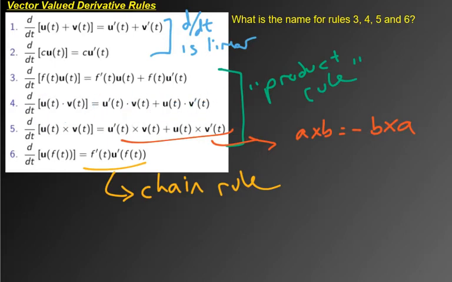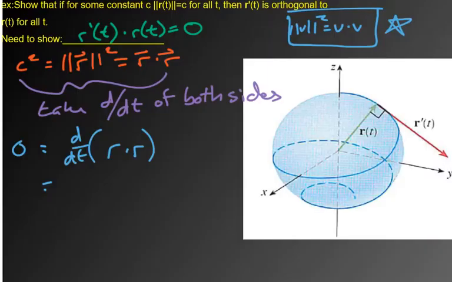I would get r prime of t dotted with r of t plus r of t dotted with r prime of t.